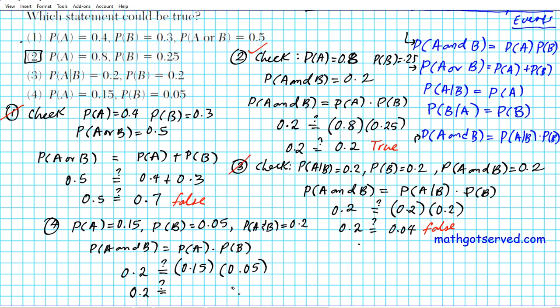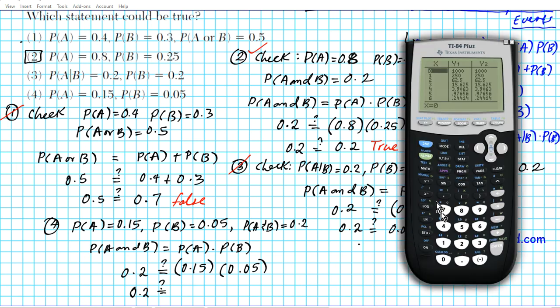So it's 0.2. Is it equal to? If you multiply these two together, you get 0.0075. You just multiply 5 and 15 times 5, and then you count 4 decimal places. Or you can just use your calculator. Let me show it to you real quick.